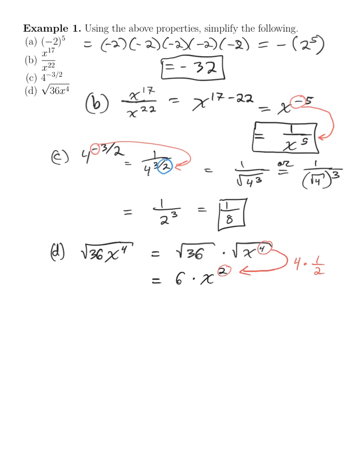The 4 is what we were given, and the 1/2 was because of the square root. So the square root is what gave us a multiplying by 1/2 power on top. So if it had been x to the 6th, the square root would have been x cubed, because you would multiply the 6 by 1/2. So anyway, the final answer here is just 6x squared. I just wanted to explain that.